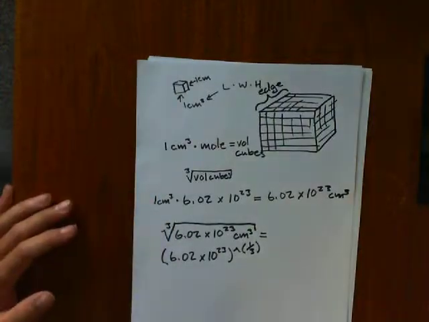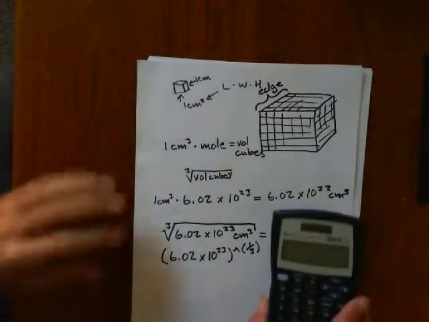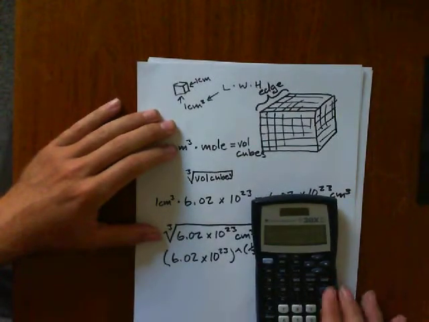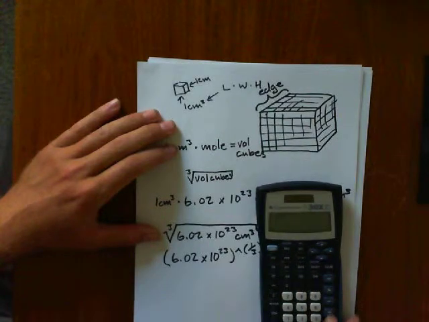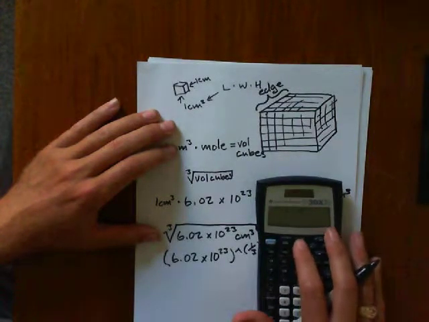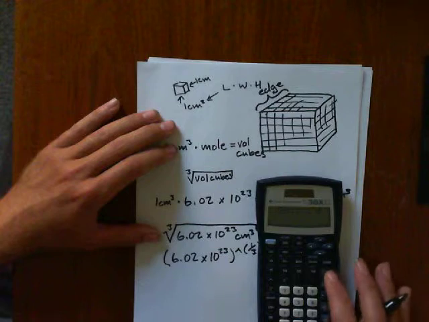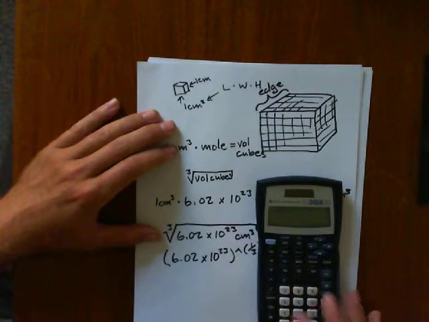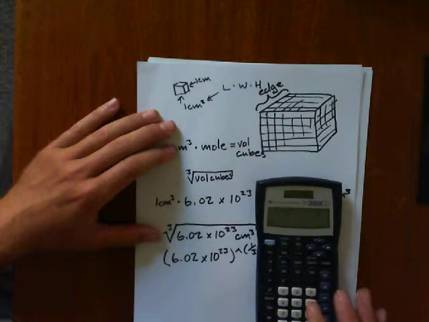So let me grab my calculator. I'm not really sure how the calculator is going to come out on the screen, so you just have to take my word for it. Caret, then 1/3. Need those parentheses.